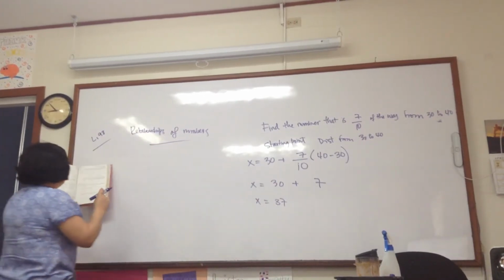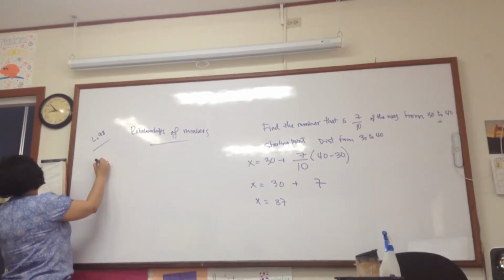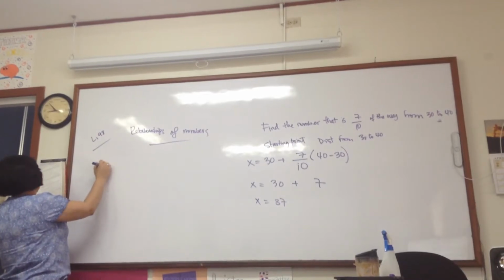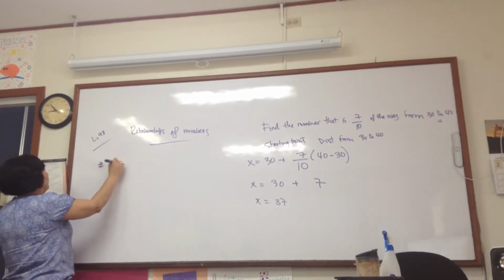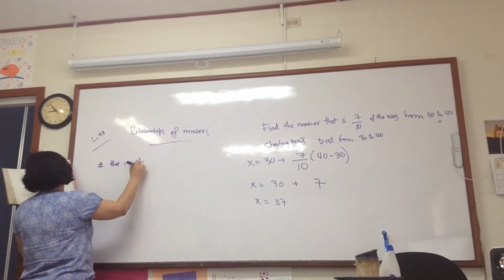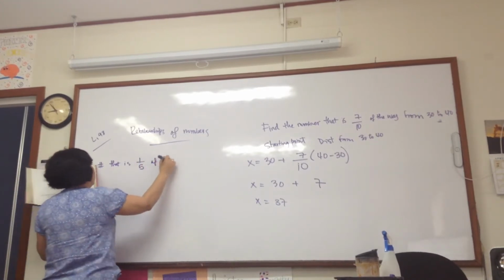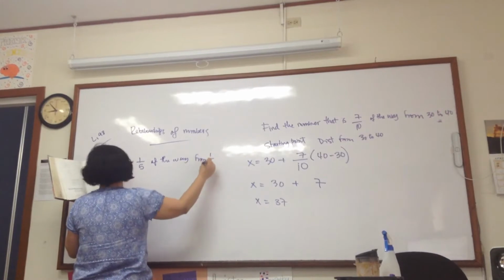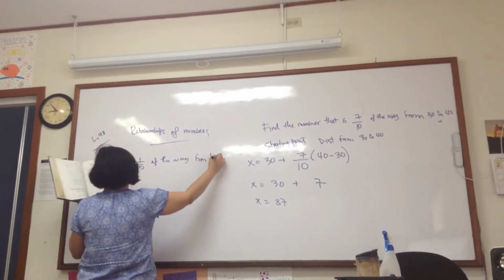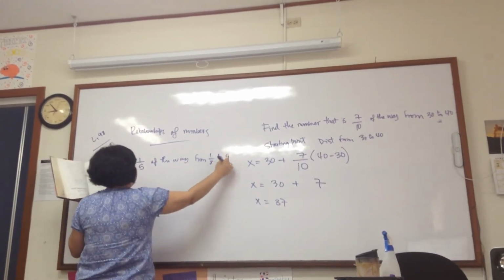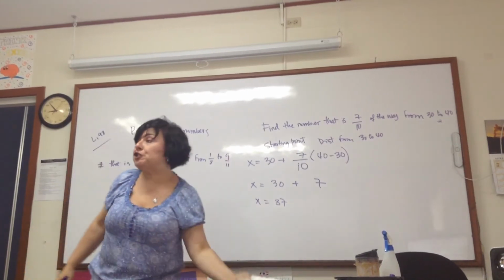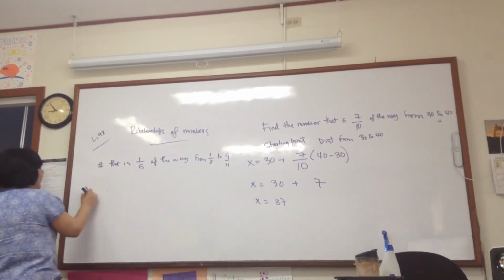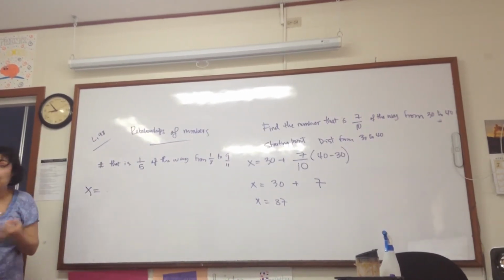Okay, so let's do this. Find the number that is 1/5 of the way from 1/8 to 9/11. Ooh, this must be advanced. It's got fractions. Okay. So first things first. We saw that you've got to start with the starting point.